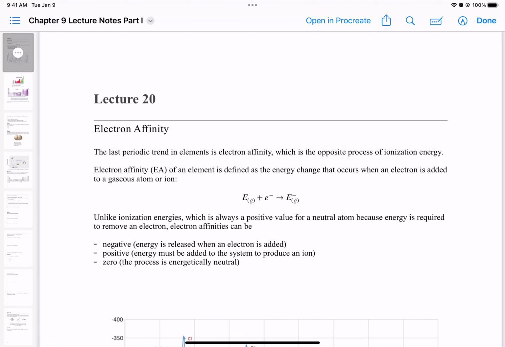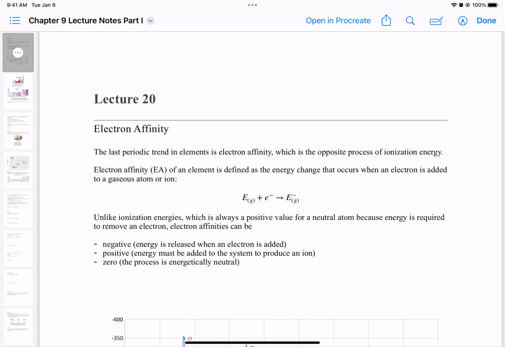So it's kind of the opposite of ionization energy. Okay, so the more energy that's released, the higher the electron affinity. So we kind of say, okay, this atom has a high affinity for this electron, and the trends for electron affinity are not clear, but the general trend is it's the same as ionization energy.